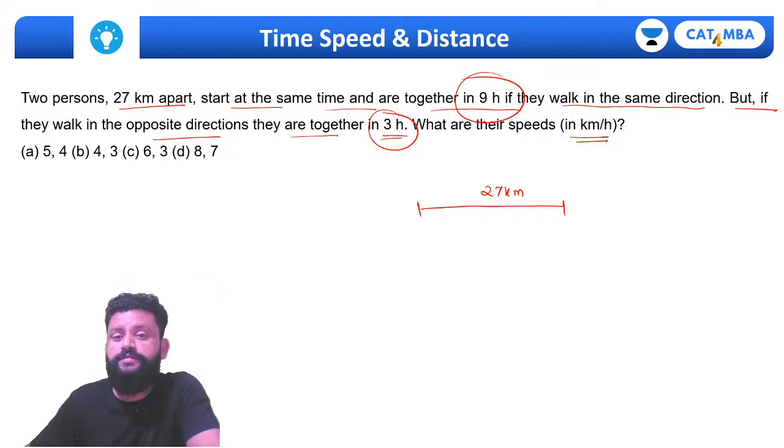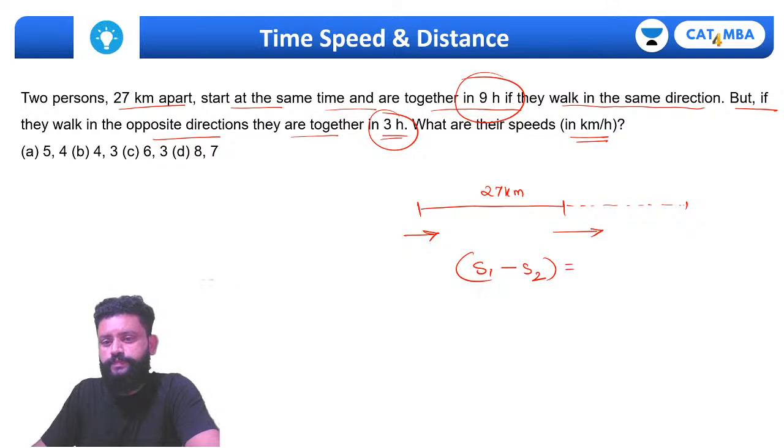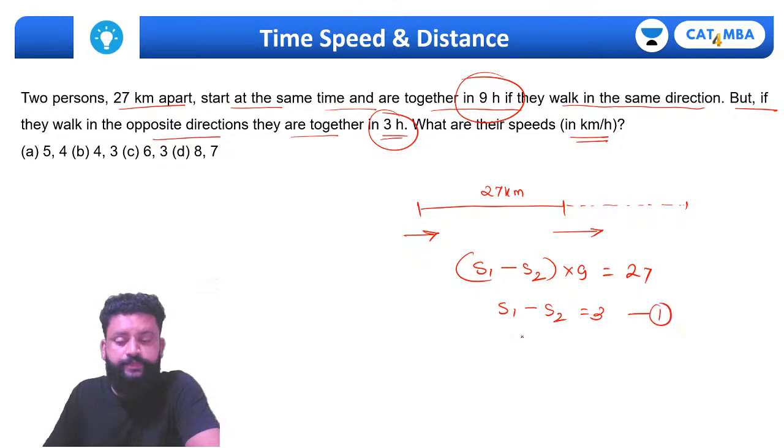Okay, then it takes 9 hours for them to be together while they are moving in the same direction. So it has to be S1 minus S2 into 9 has to be 27 kilometers. So you can simply conclude S1 minus S2 is 3. That is equation 1.